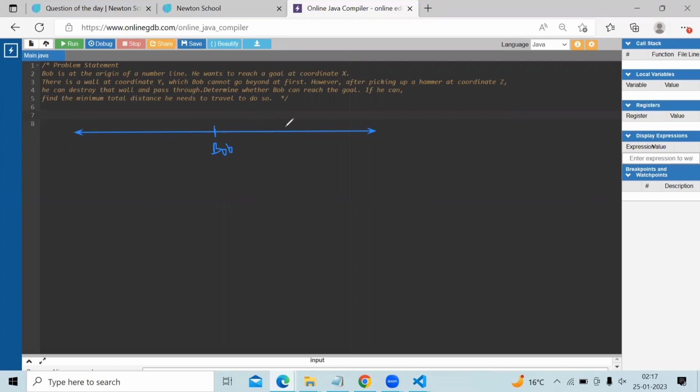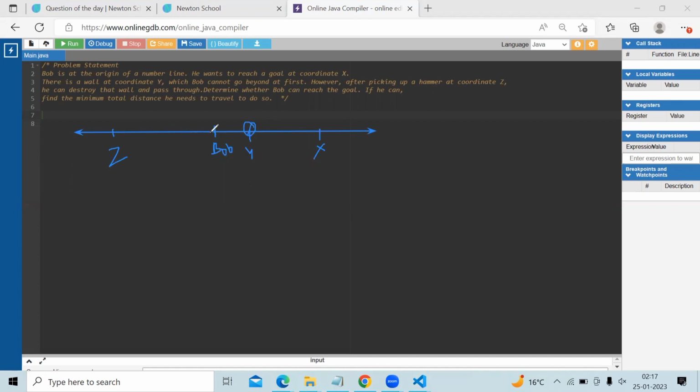Suppose this is the x coordinate, and this is the y coordinate, and suppose this is the z coordinate. Here at the y coordinate there is a wall present.